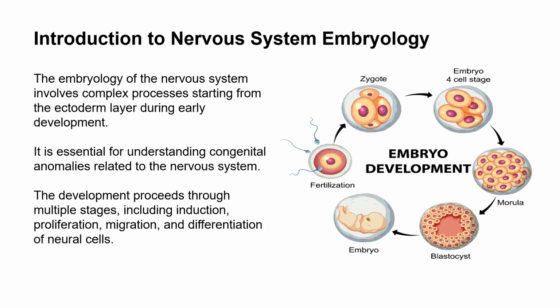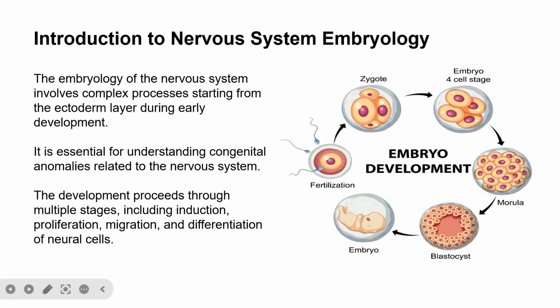After the four-cell stage of cleavage, the eight-cell stage of cleavage will give us a total of 16 to 32 cells, where we have a morula. And then from the morula, we have the blastocyst, and then of course we'll have the embryo.